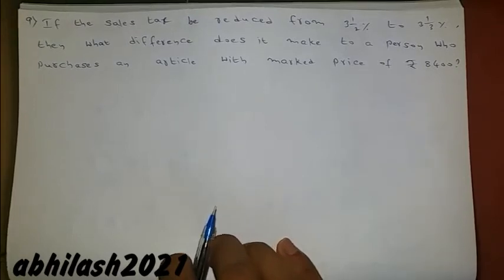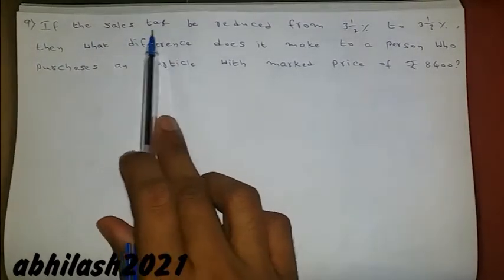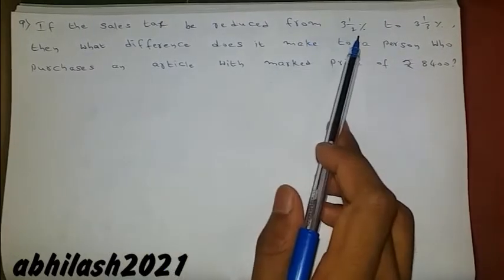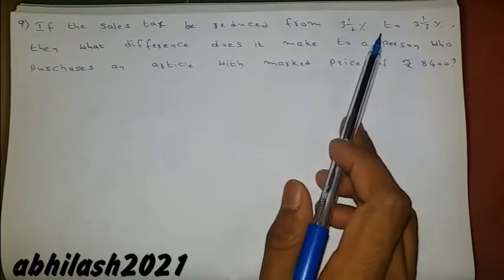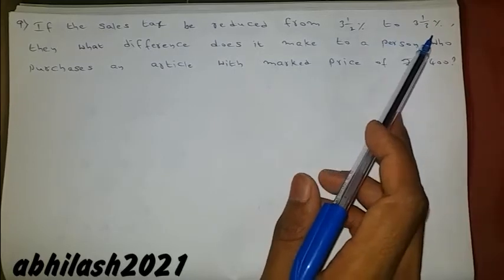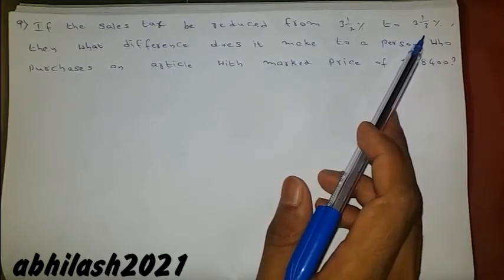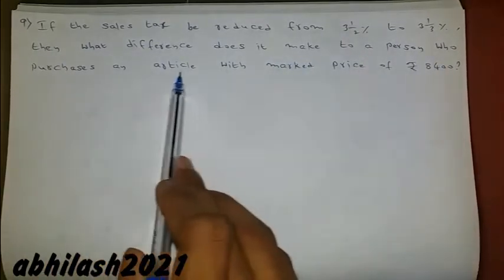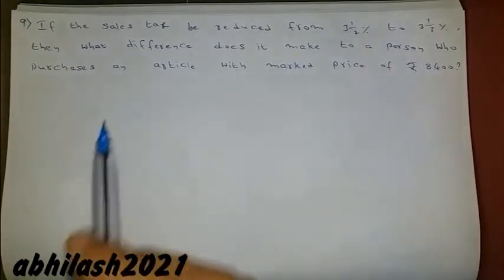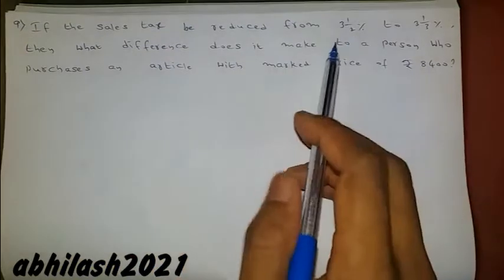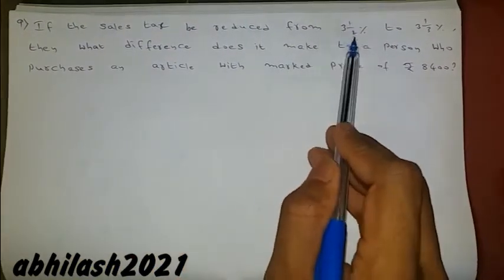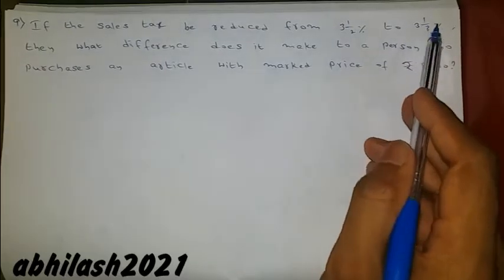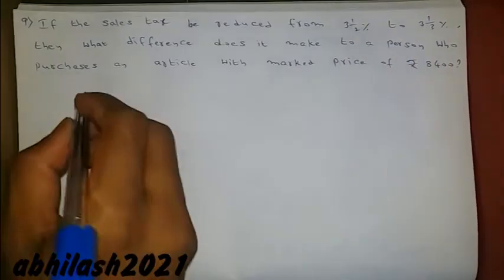So understand clearly: we need to find 3 1/2 percentage of 8,400 as well as 3 1/3 percentage of 8,400.